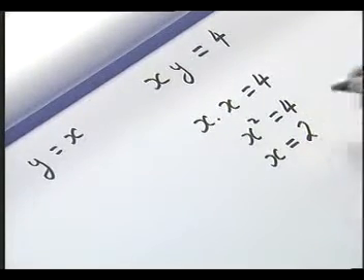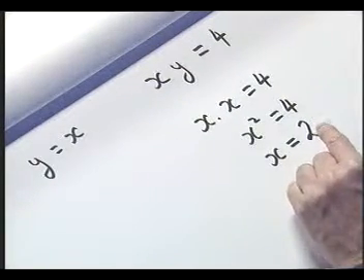We might think that's just 2, but remember, when you take a square root, you get a plus and a minus. So we have x equals 2 or minus 2. And so if x equals 2, then y must be equal to x, so that tells us y equals 2. Or, if we take minus 2, y is equal to x, that gives us minus 2.